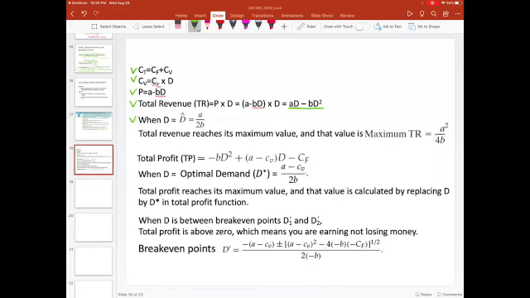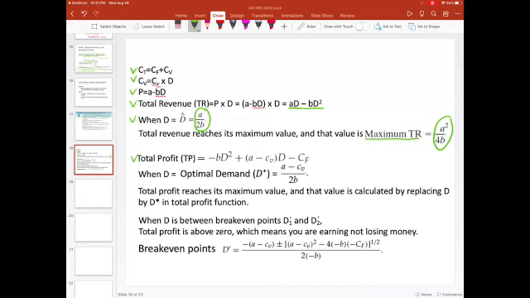And you also know, when D equals D hat, you can reach your maximum total revenue, okay? And this is how you calculate the D hat. This is how you calculate the maximum total revenue.